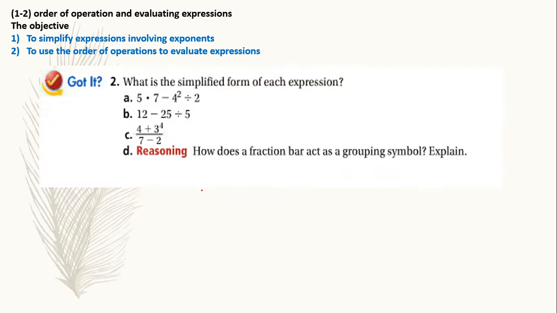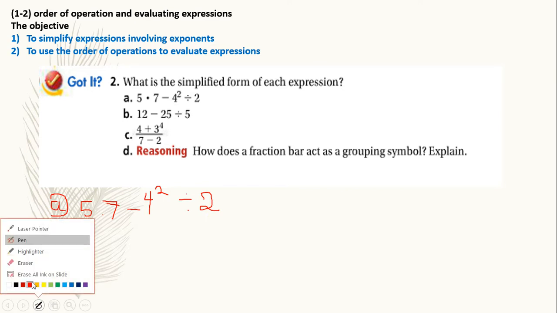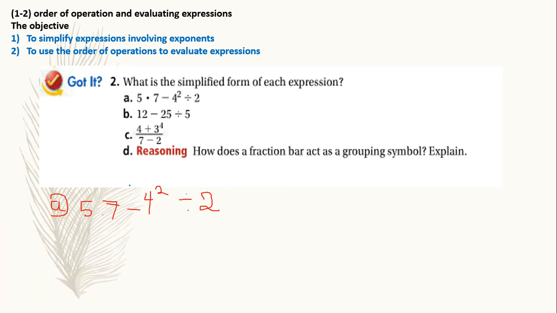Let's make more exercises. So here in A, we have 5 times 7 minus 4 to the power 2 divided by 2. So let's follow what we have. We said parentheses first, but we don't have parentheses.